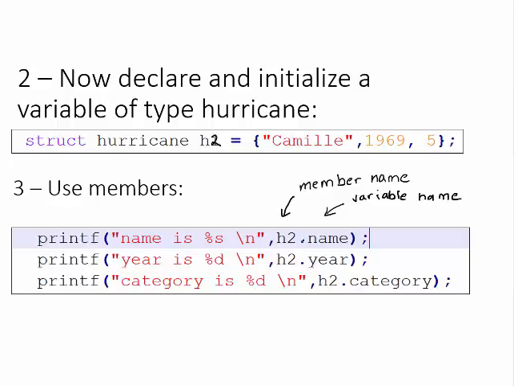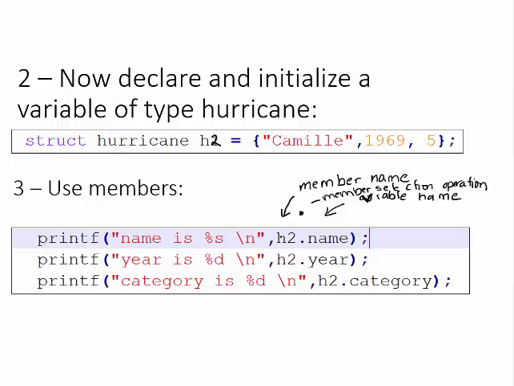The period in between, the period that's there, let's say variable name. The period there actually has a name also, and it's called the member selection operator. So I'll write that down, member selection operator, because it allows you to select a member.